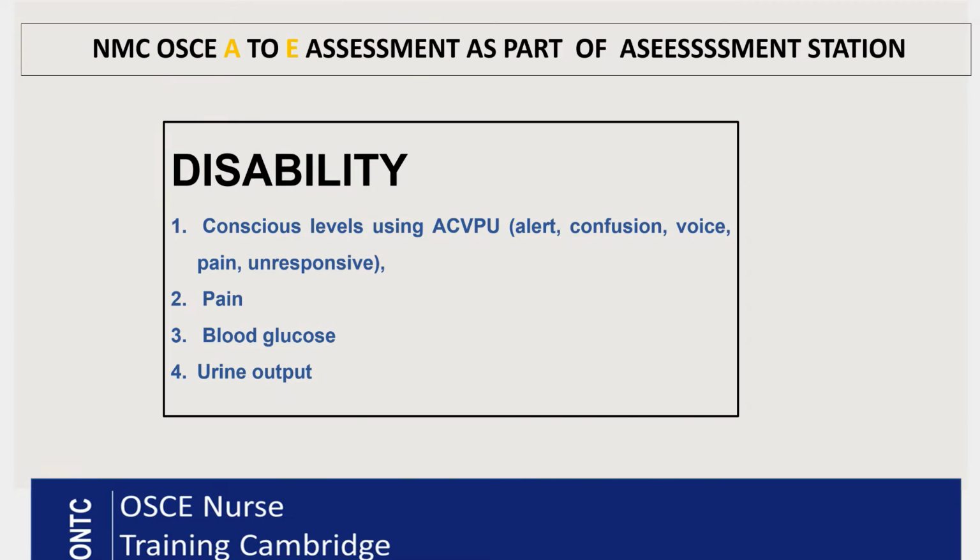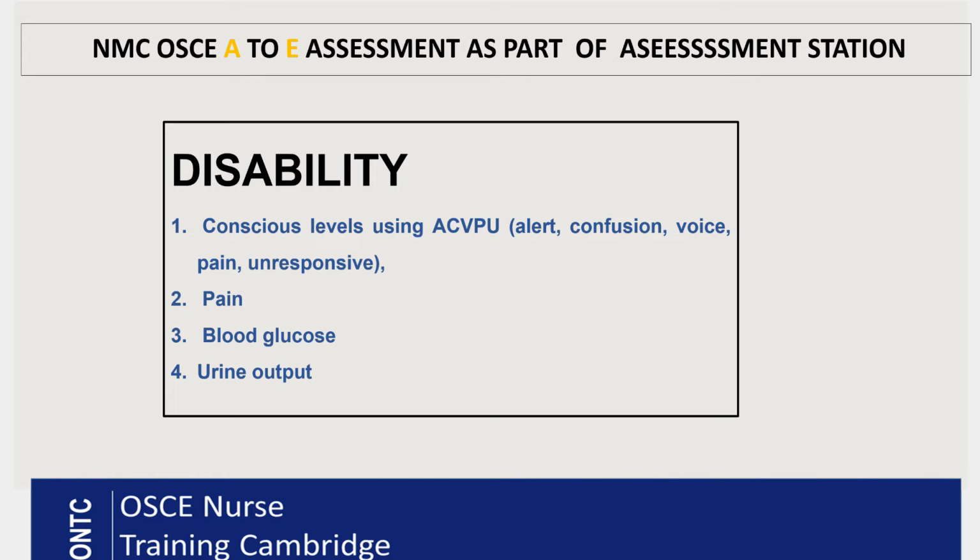So you've done that. Then we're going to move on to our next part, which is disability. Disability is all about the conscious level. So you're going to check their conscious level using ACVPU: A for alert, C for confused, V for voice, P for pain, and U for unresponsive.